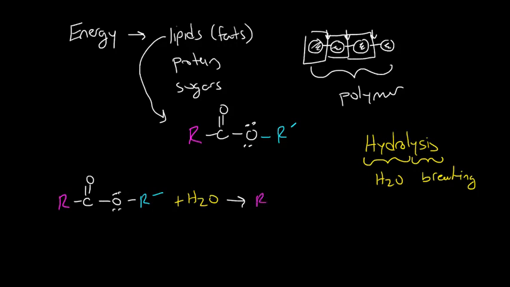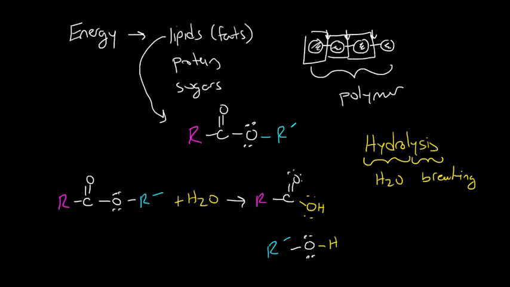In this case, I form what now becomes a carboxylic acid. And the other compound I form, with my other R group, R prime here, ends up as an alcohol. I'm trying very hard to color code these things so you can see where the atoms come from and where they go.